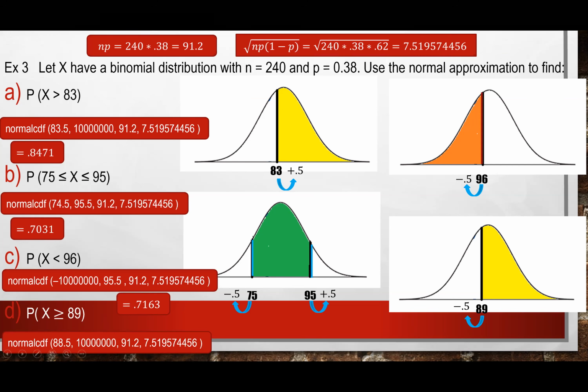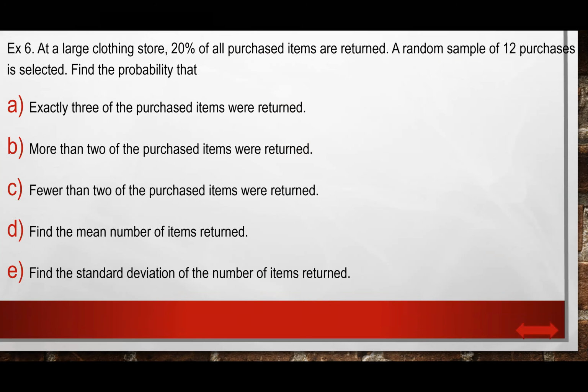We've been doing chapter 6, right? All 6.1, 6.2, 6.3, 6.4. If you look at this item, how do you determine if it's chapter 5 or chapter 6? They say at the large clothing store, 20% of all purchased items are returned. A random sample of 12 purchases is selected.